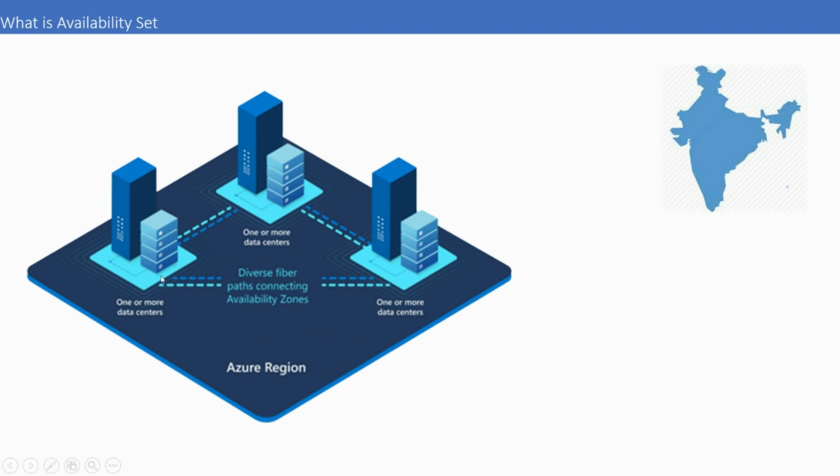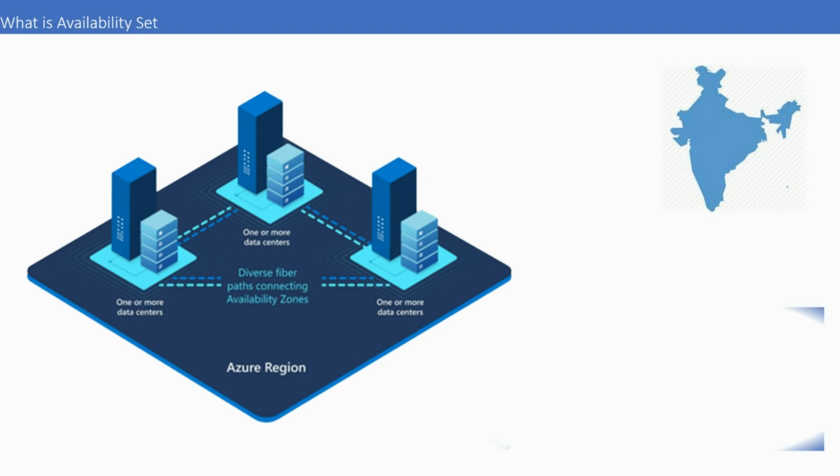In this region, we have data centers, one located in the south and another in the west. And these data centers, as I mentioned earlier, are all connected using diverse fiber paths to ensure a low latency and highly available network connection. Thereby, the response time from the servers hosted in these data centers is very quick.